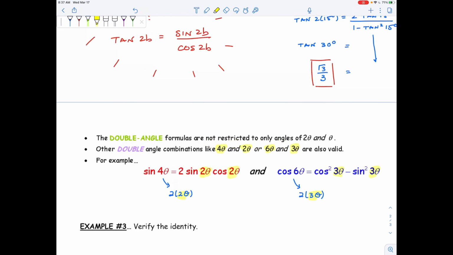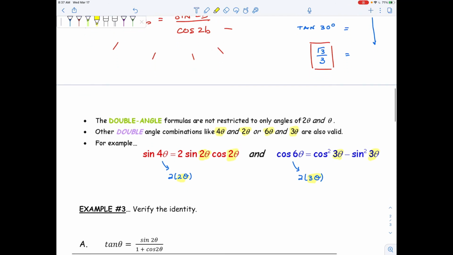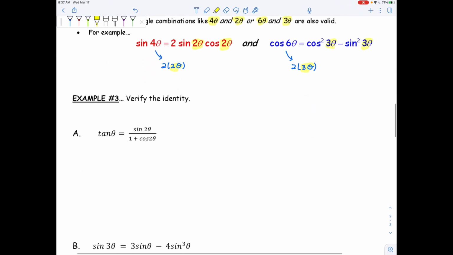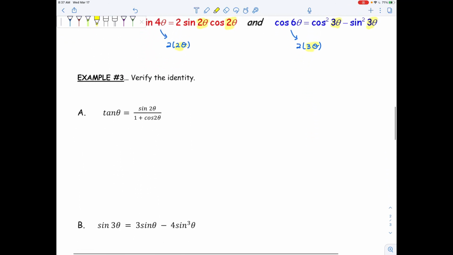Now, most of the problem solving in MyLab is computational. The other part of your assignment is working through verifying identities. So we'll do that with some double angle examples. One thing that we've seen before, especially when we were doing even odd, was that in order to collapse and rearrange and combine identities, we had to be working with the same angle.